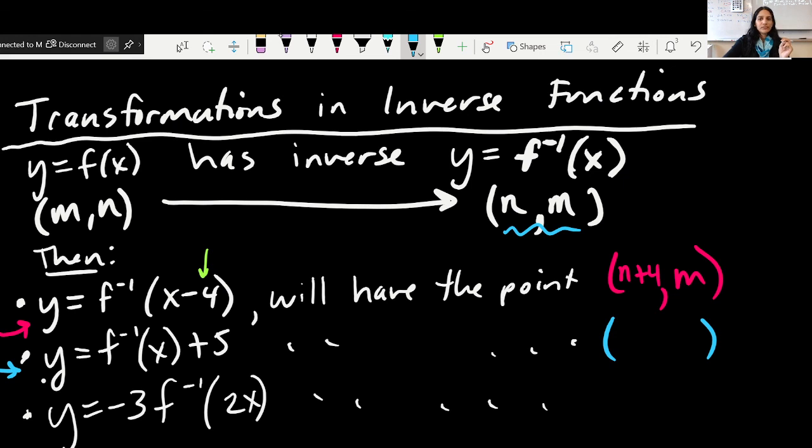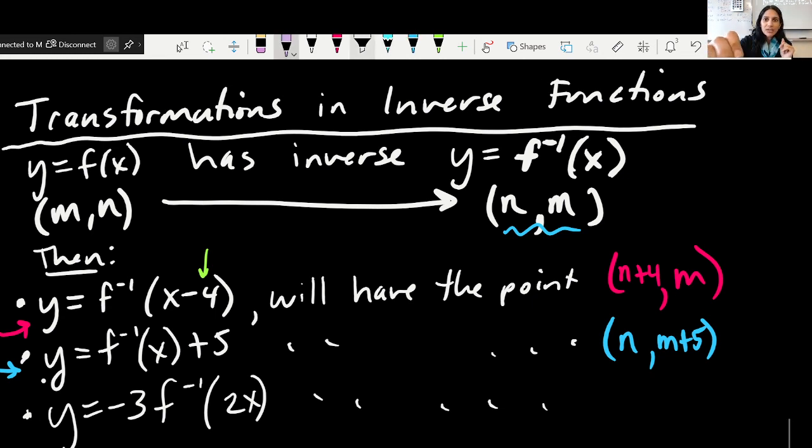It's still just n, nothing changes it. It is the inverse, so it is n, it's not m. And with this plus 5, what's the new y value here? M plus 5. So at the start, it maybe makes you think a little bit, but then you see it's the same old thing, right? With the new swapping of the x and the y.